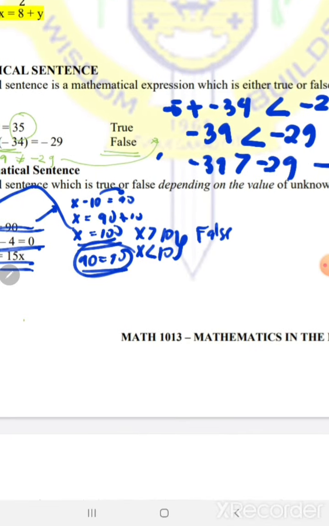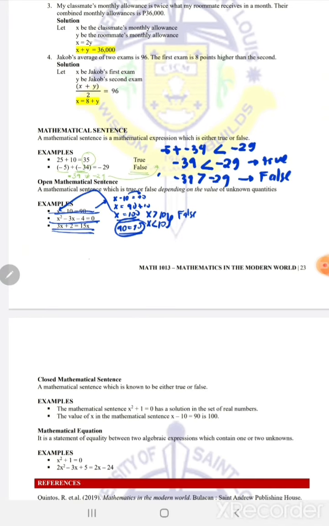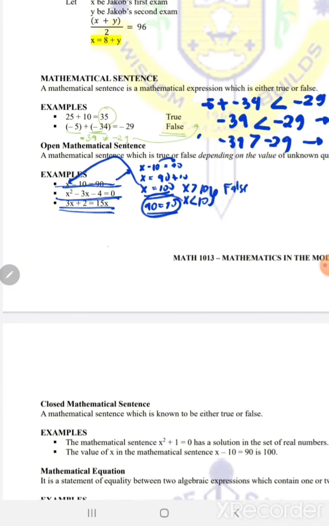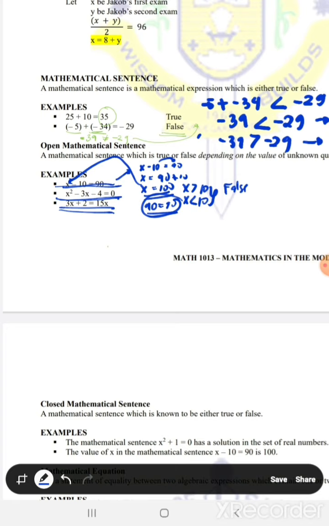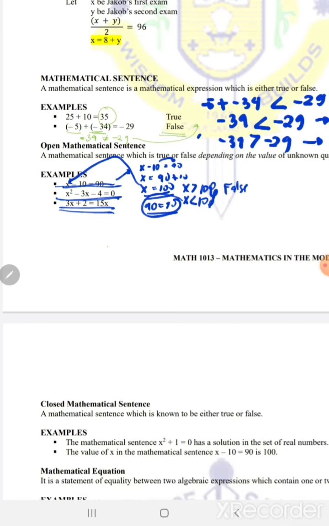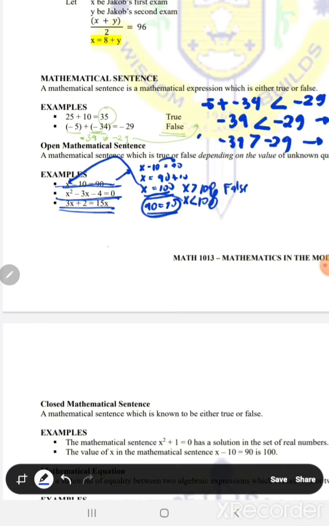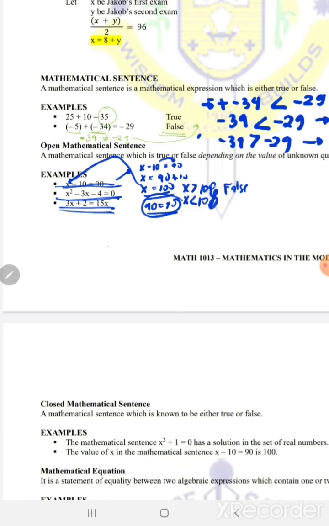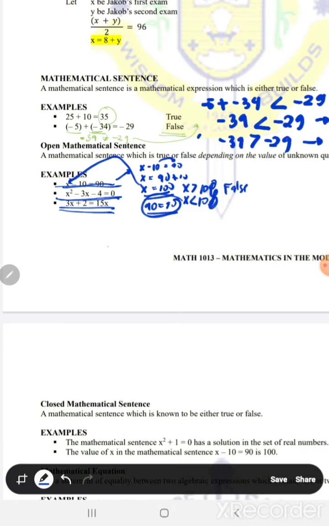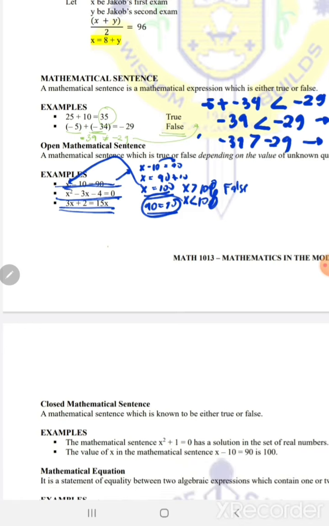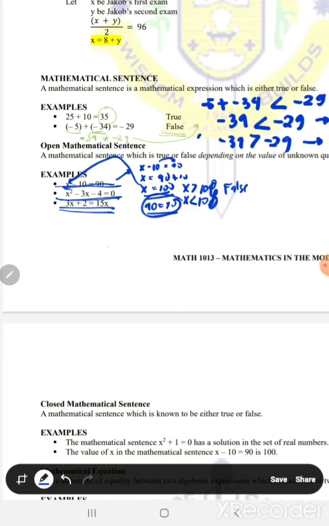Why? I mean 100 dapat ito. This should be 100. Okay? x should be 100. If you substitute a value greater than 100 to this x, you will have a value which is not equal to 90.